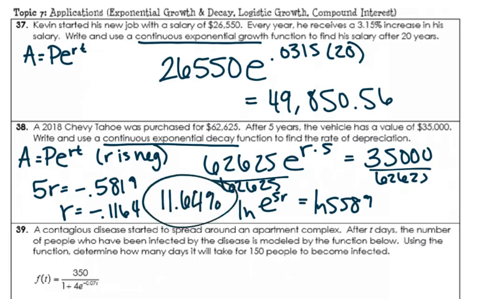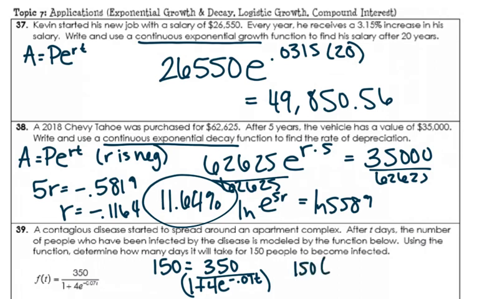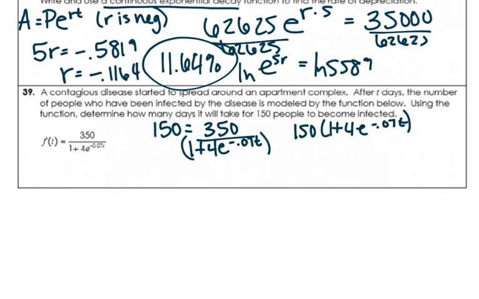The last one's easier because they actually give you the formula. All you have to know is that you're replacing f of t with 150. Alright, I'm going to multiply that quantity to the other side. $350.